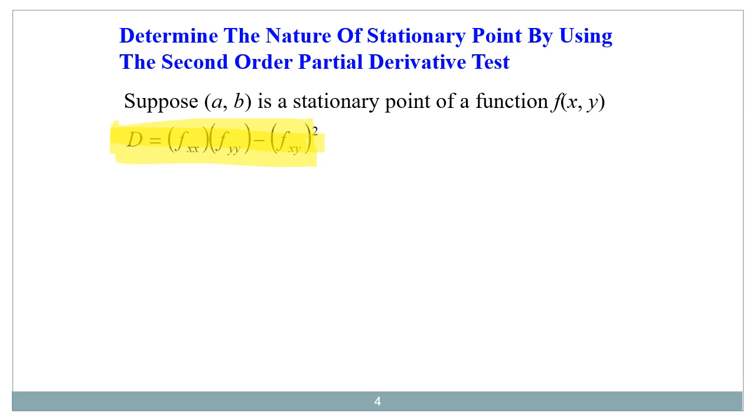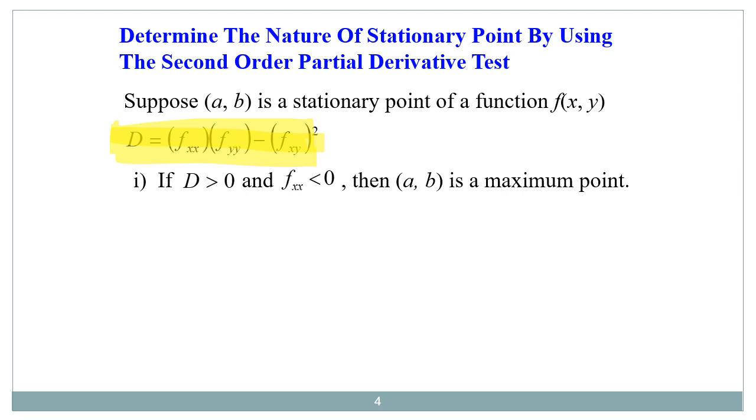So what do we have as the result? After we substitute the value of the point a, b into D and f sub xx, if we have D more than 0 and f sub xx less than 0, then it is a maximum point.